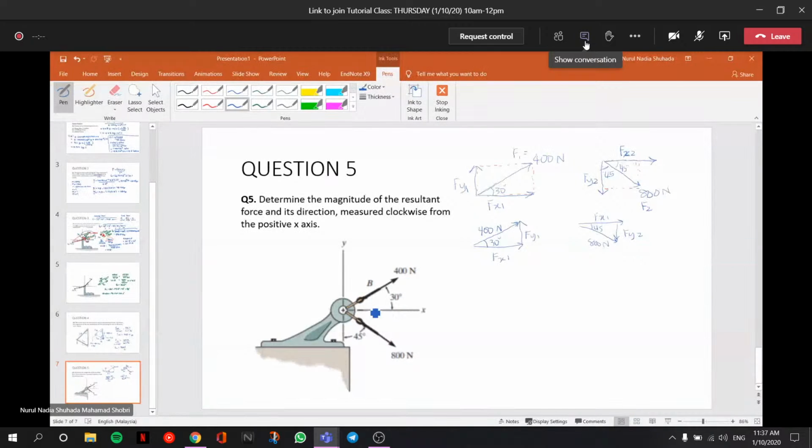For the upper part, we redraw the triangle. By using this information, we can find Fx1 and also Fy1.